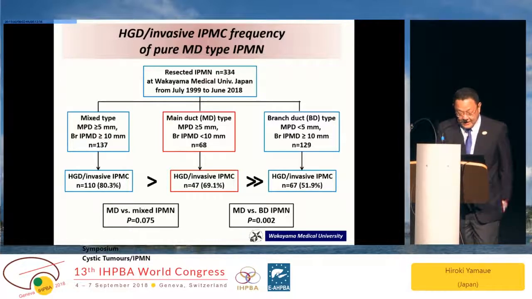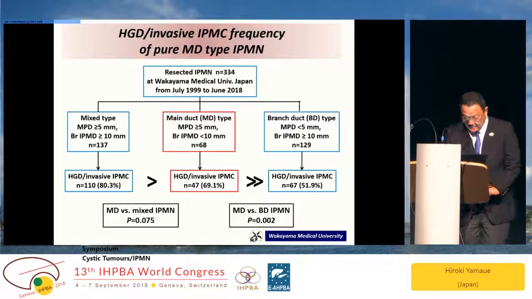The frequency of high-grade dysplasia and invasive IPMC was 69.1%. This value is a lower incidence of HGD and invasive IPMC than in mixed type, but a higher incidence compared to the branch type IPMN.